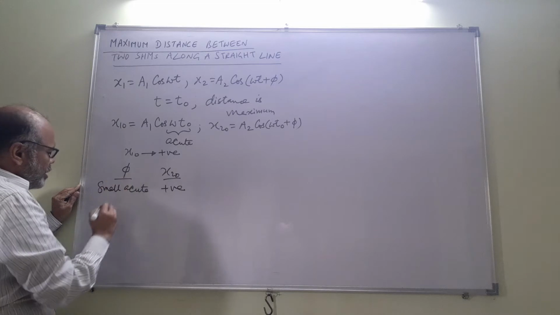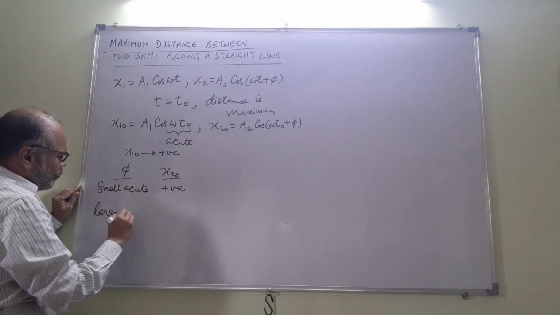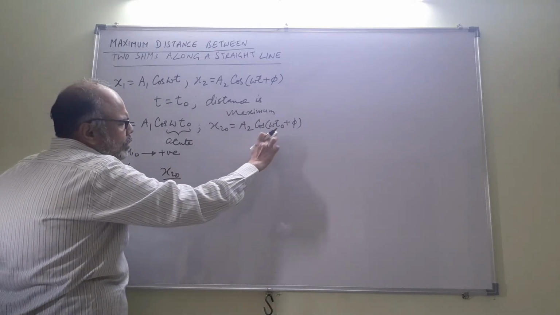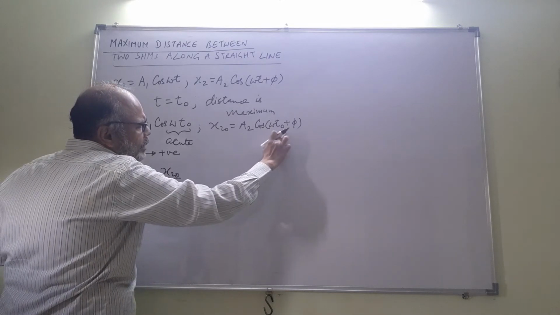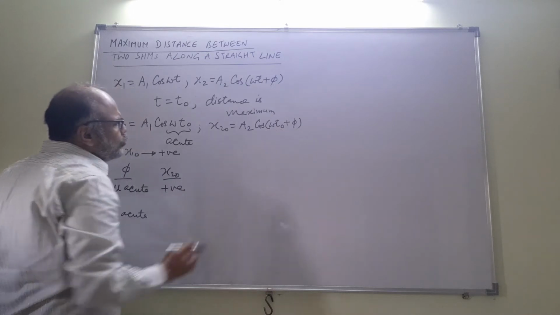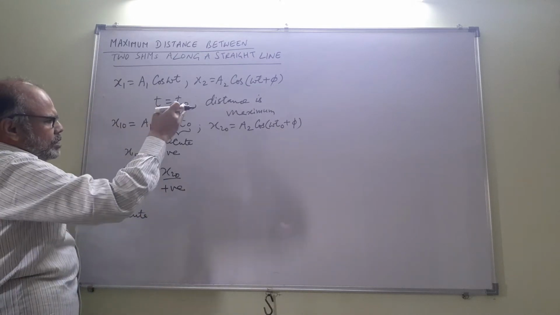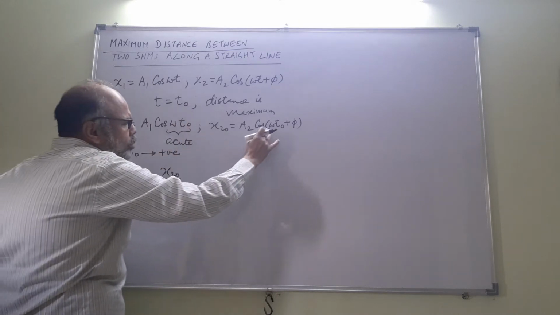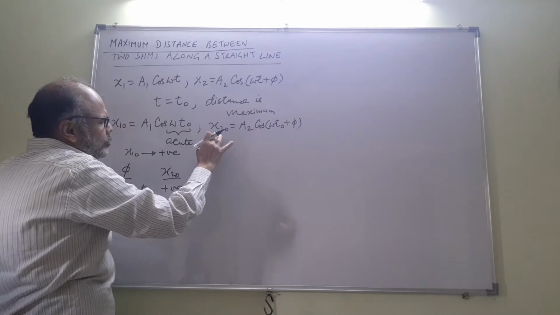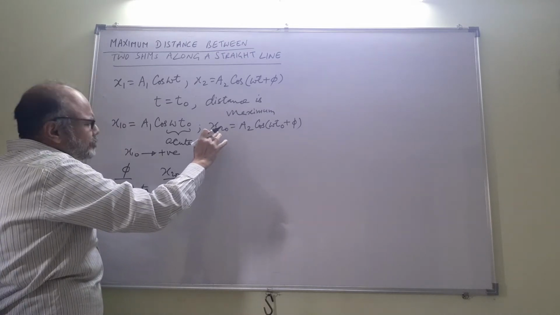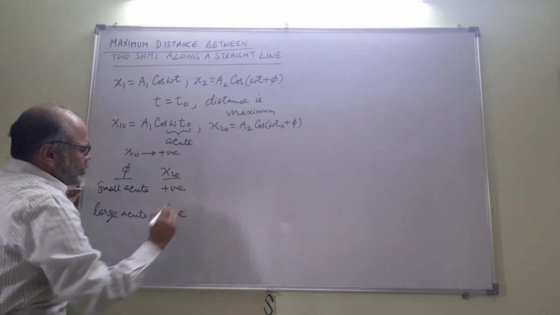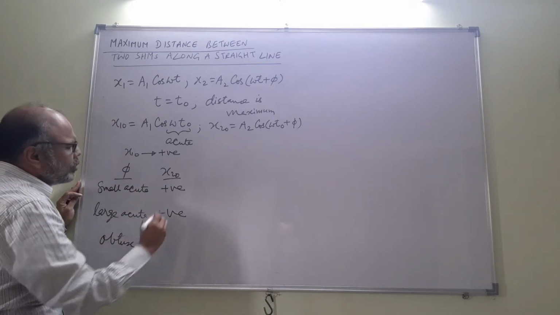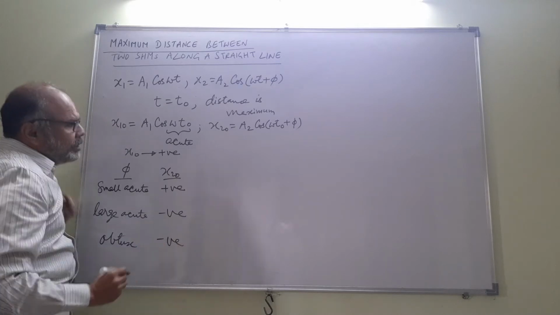If phi is a large acute angle, then you will have a situation where this omega t naught plus phi becomes obtuse, and cos of an obtuse angle is negative, so x2 naught will be negative. Similarly, if phi is obtuse, x2 naught will again be negative.